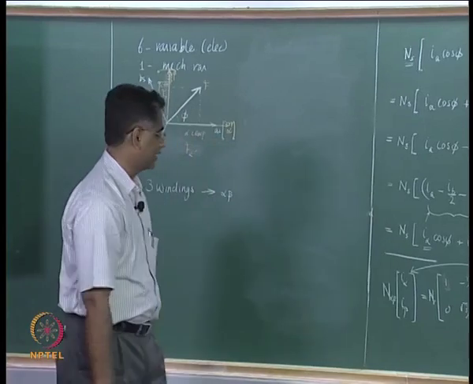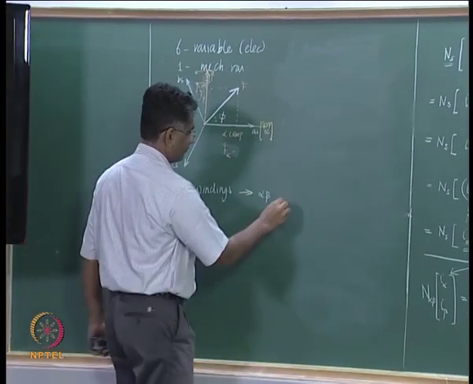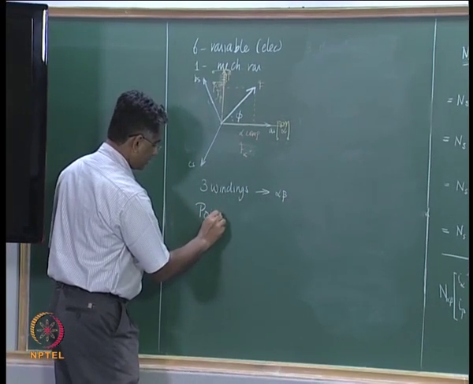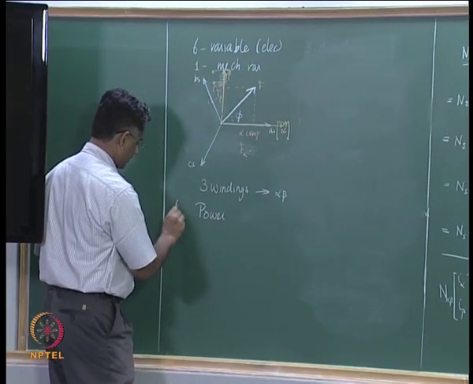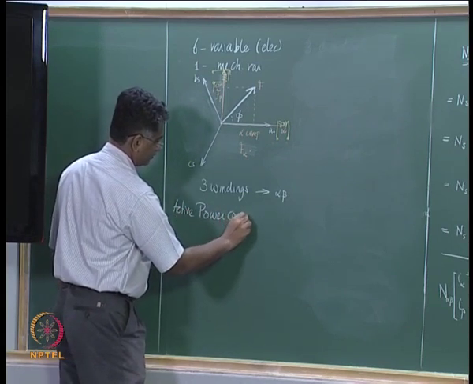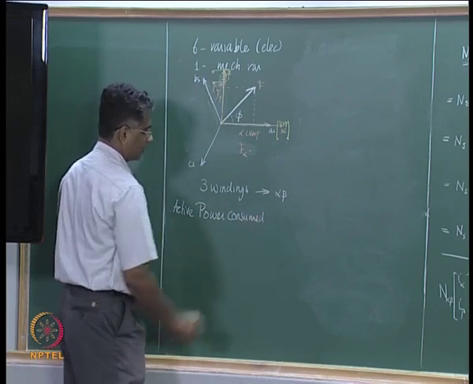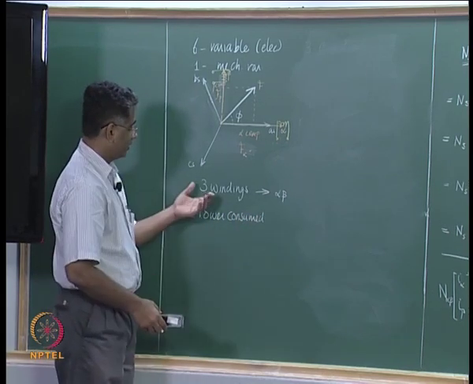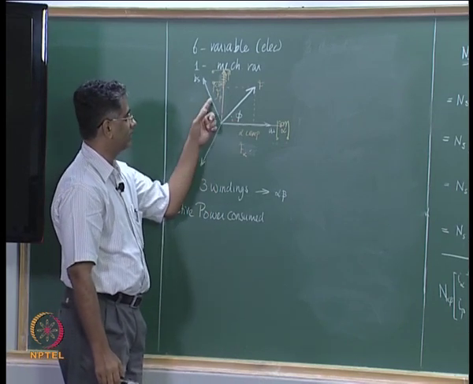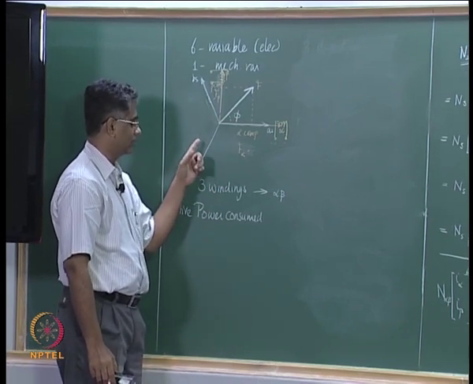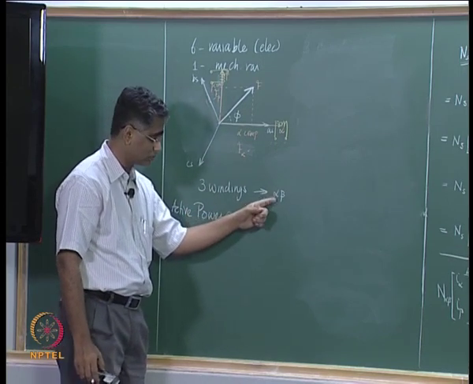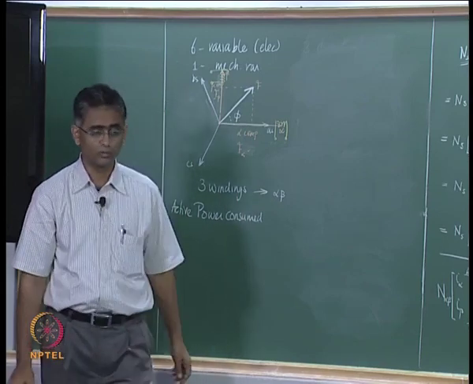Now other than that, one can also look at the active electrical power consumed by the entire set. Here on the one hand you have these 3 which are going to consume electrical input power, here you have only these 2 which are going to consume electrical input power.